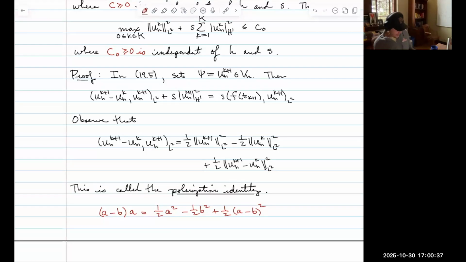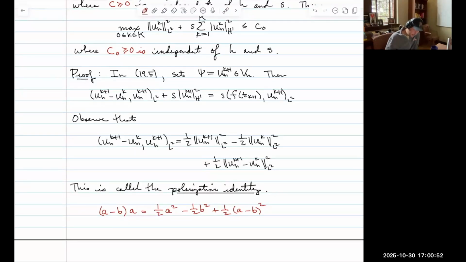So does this work out? Well, you can see that it does work out. Simply distribute A across this difference. You're going to get A squared minus A times B. And then do the same thing on the other side. There's only one term that I need to multiply out, and that's this term here. So I get 1/2 A squared. The cross term is going to be minus 2AB multiplied by 1/2, so I get minus AB.